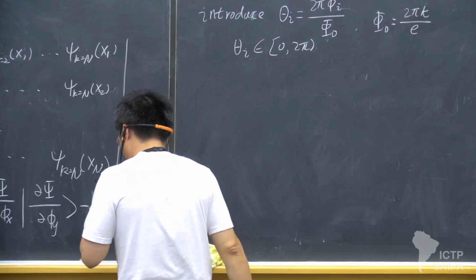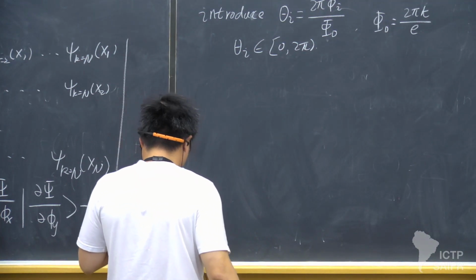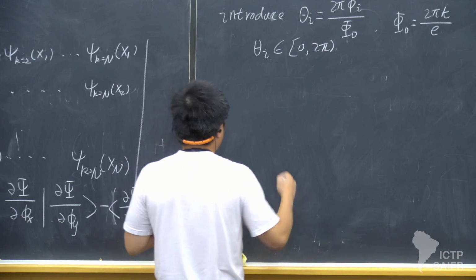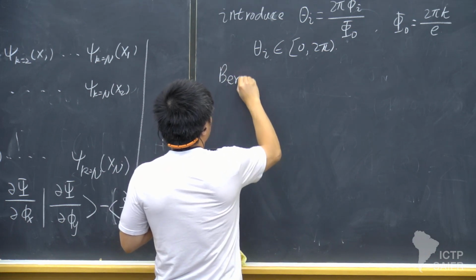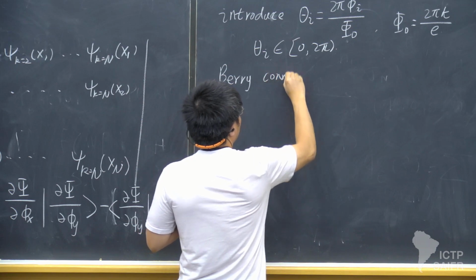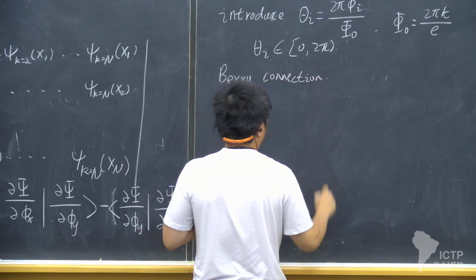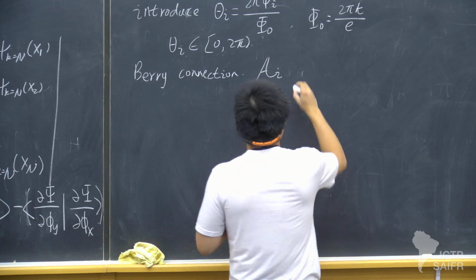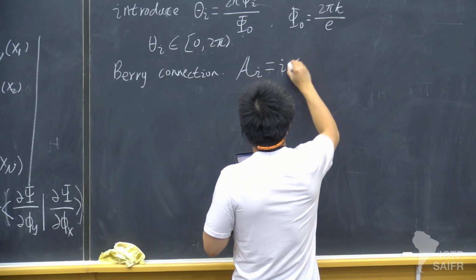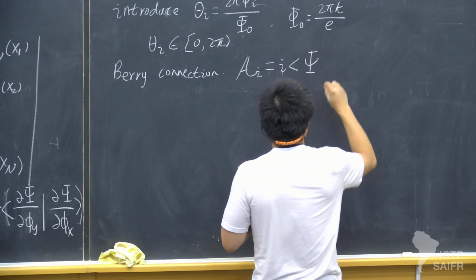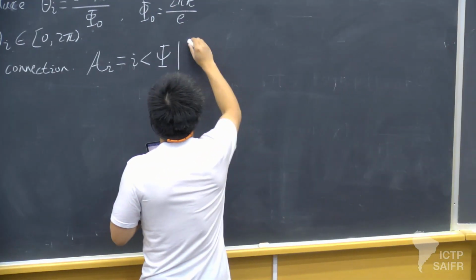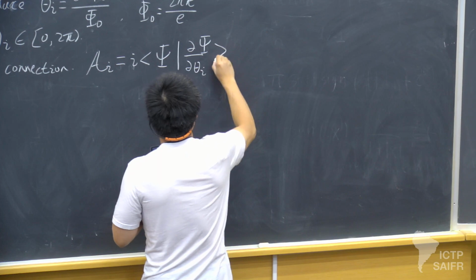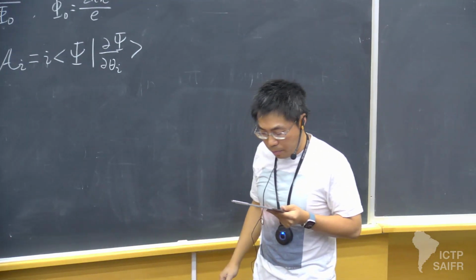Let me introduce a few more things. One is that I want to introduce the so-called Berry connection, that I write as curly A. It's all called Berry connections.